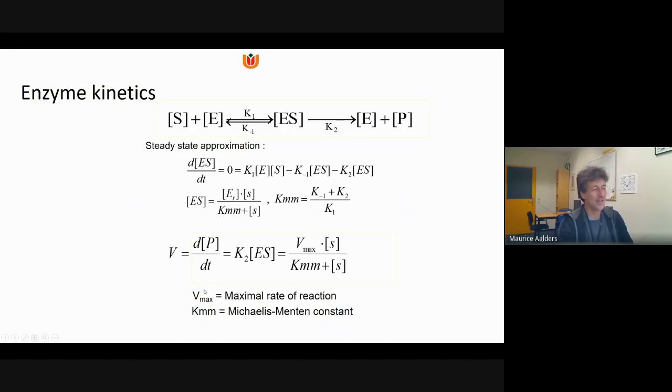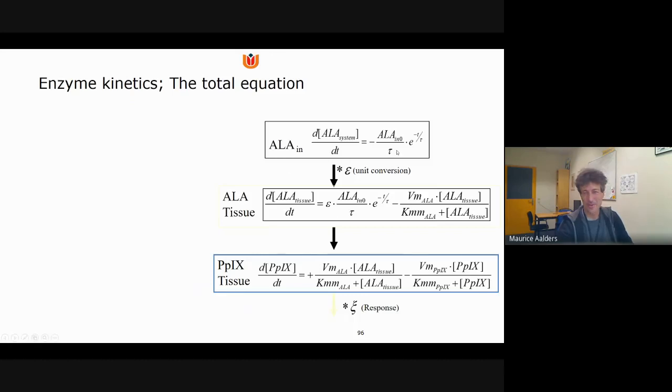So the speed at which these changes occur depend on the amount of ALA that you offer to that reaction. This is the maximum rate of conversion, and this is some Michaelis-Menten constant that depends on the affinity of the enzymes to go into that reaction. So this is the Michaelis-Menten equation that we can use to calculate the conversion of ALA to protoporphyrin.